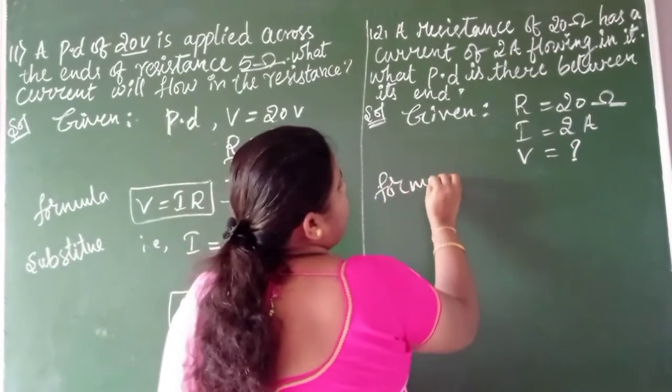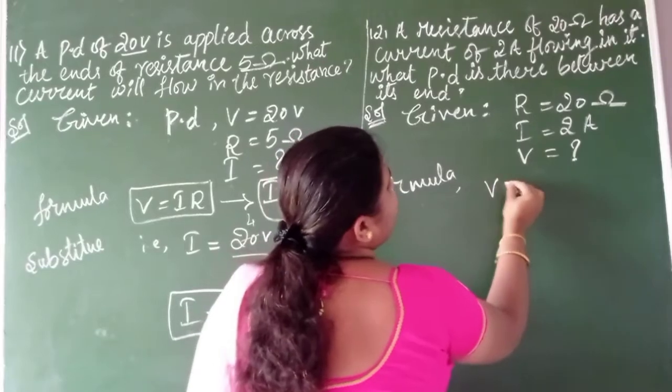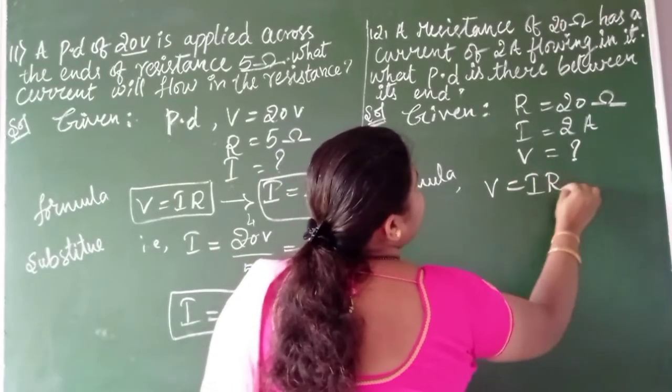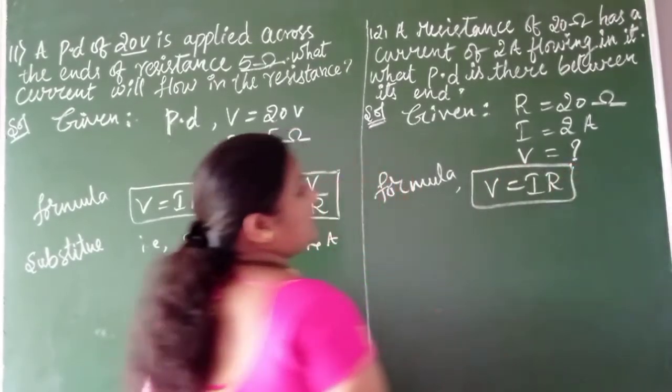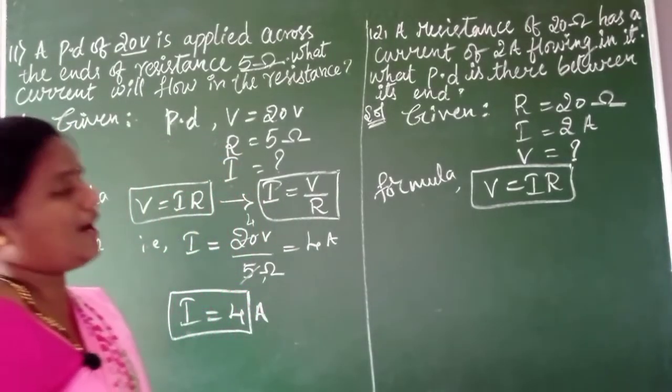So what should we write first? The formula V is equal to I into R. Isn't it, children? There is no need to change the formula now, isn't it?